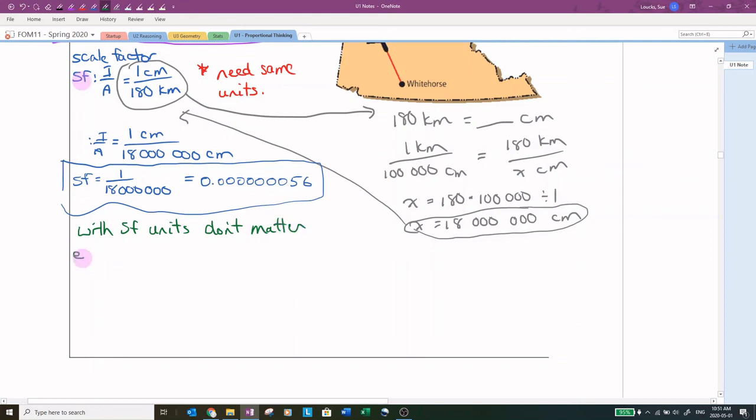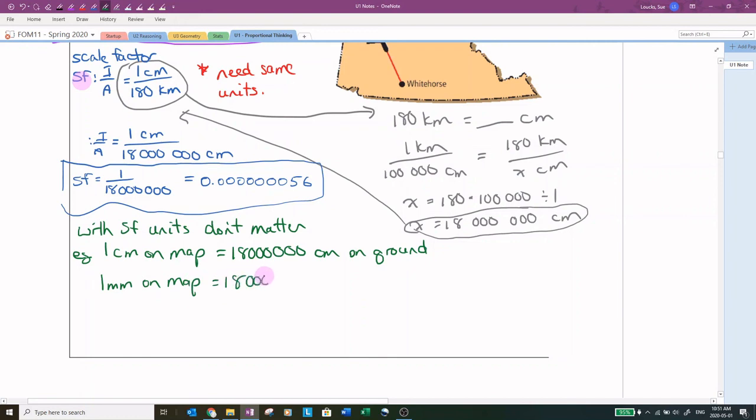So, for example, 1 centimeter on the map represents 18 million centimeters on the ground, in this case. 1 millimeter on the map equals 18 million millimeters on the ground.